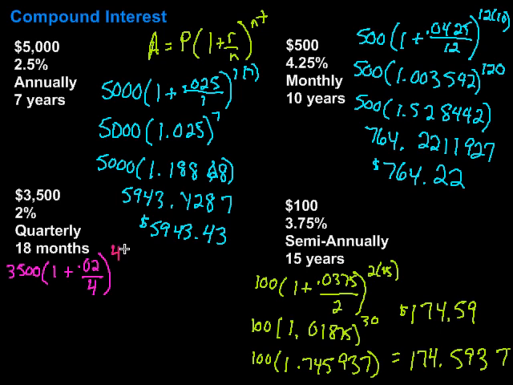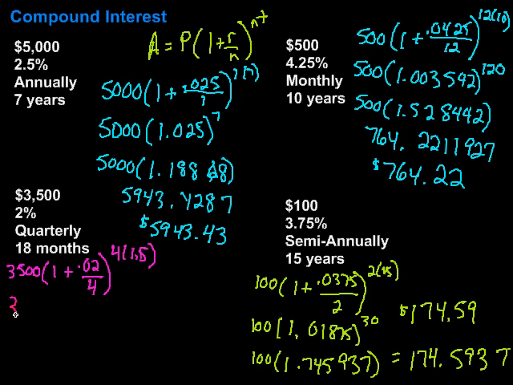So over 4 is my n, and n shows up again up here. Now it says 18 months. Ooh, careful. Okay, our formula has t in time in years, so 18 months would be 1.5 years.